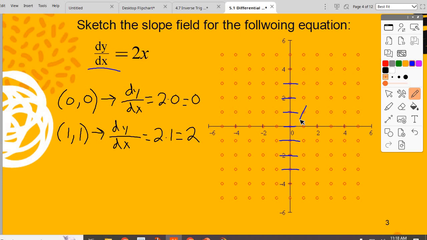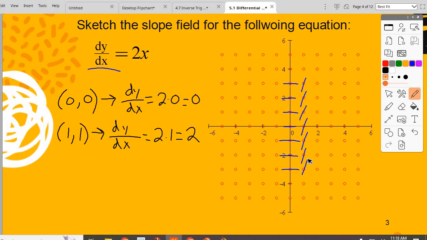And notice that we can do the same thing here. Anytime that my x value is 1, we're going to get out 2 for our slope. So I can do the same thing we did before along the line and say that all of those are going to be 2.